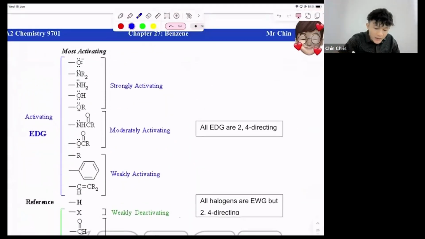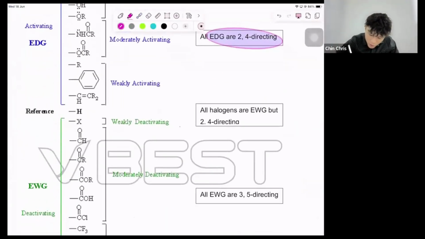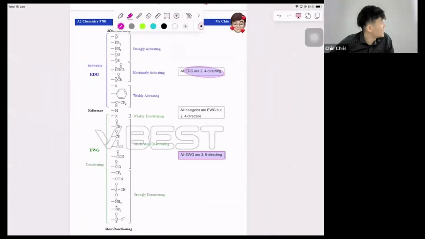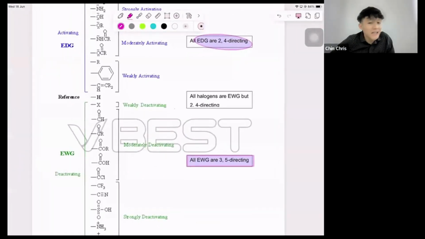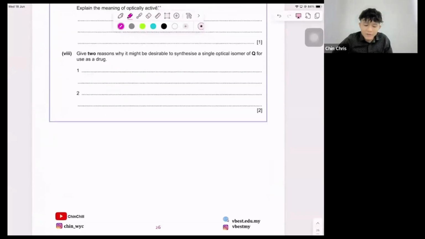Remember, EDG are 2,4 directing, EWG is 3,5 directing. EDG is electron donating group, 2,4 directing. Electron withdrawing group is 1,3,5 directing. Please, this is very important. It always comes out in the exam, and it's not in the data booklet anymore, which means you really have to memorize it.